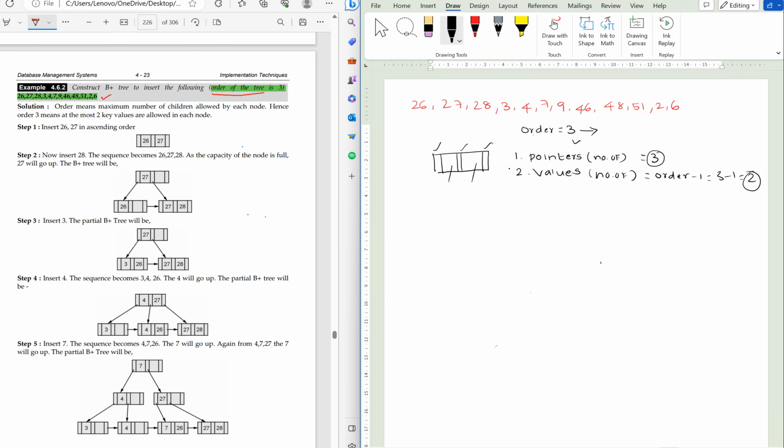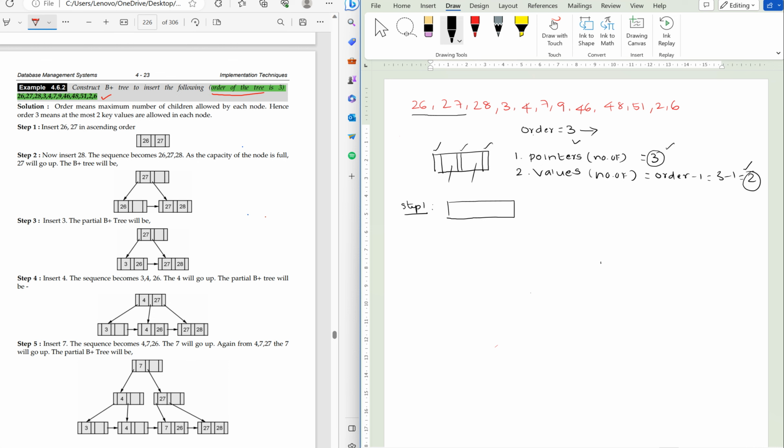So let's start inserting the values in the node. In step 1, the node will be like this, because the order is 3 and the number of values is 2.